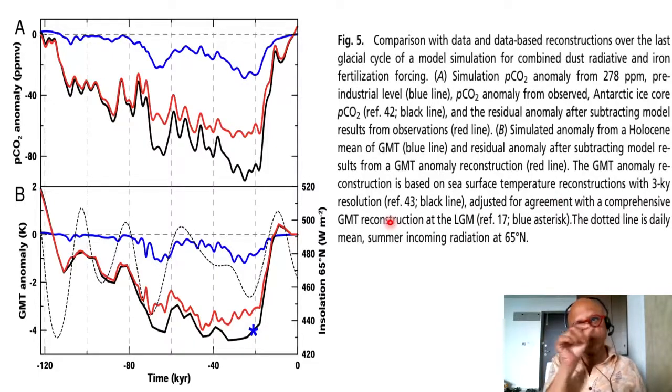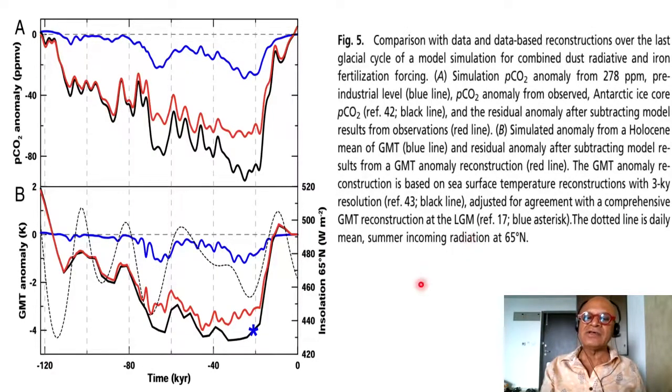Depending on which proxy you use, the time resolution of the temperature proxy or any other proxy can be very coarse in time. 3,000 years is what you get in terms of the average signal. It is adjusted for agreement with a comprehensive global mean temperature reconstruction at the last glacial maximum, so it's calibrated against some period that is better constrained.